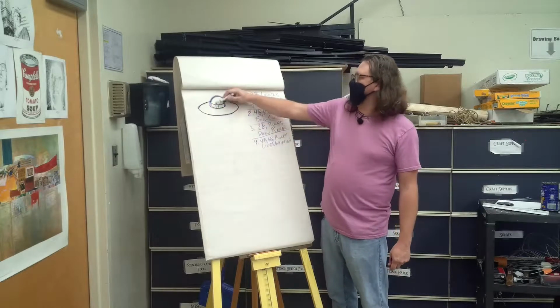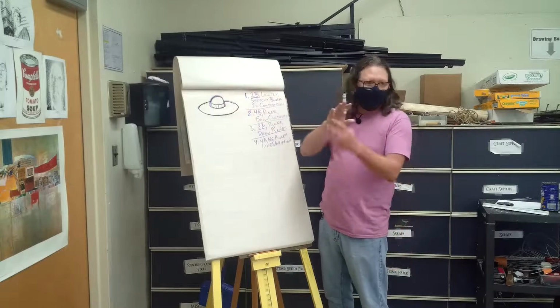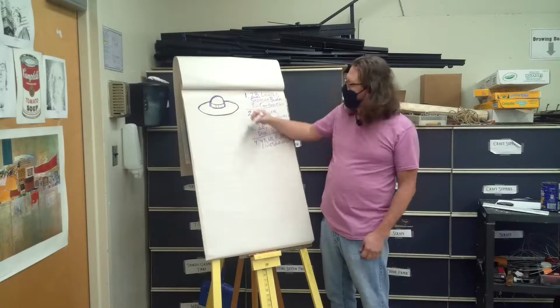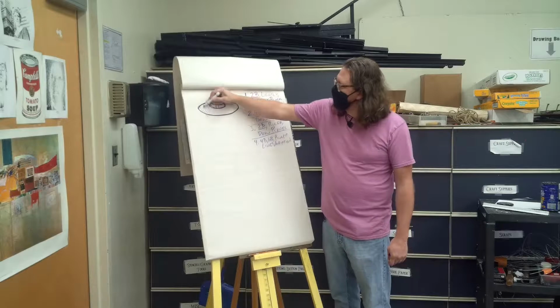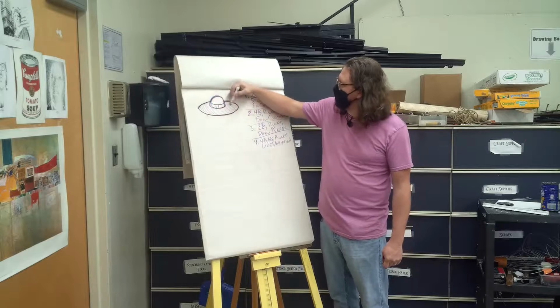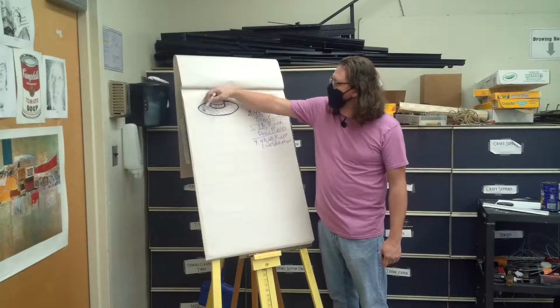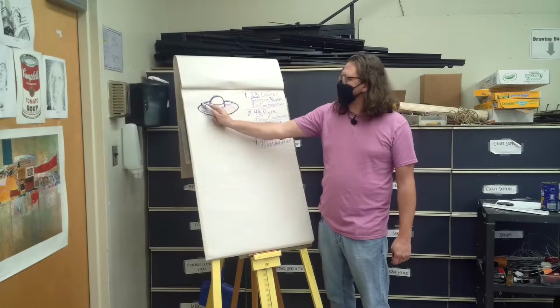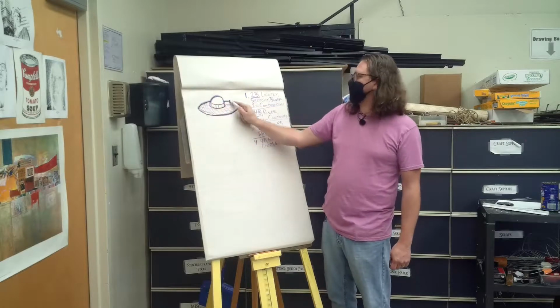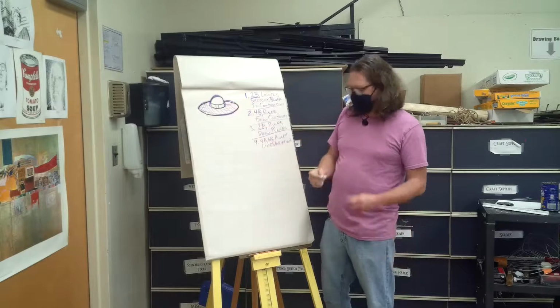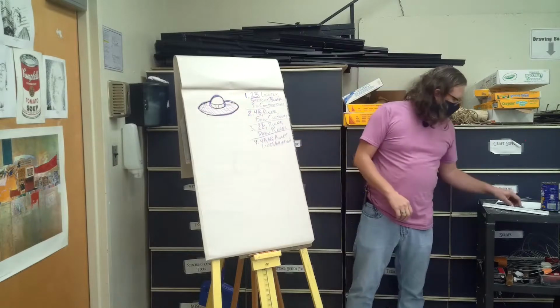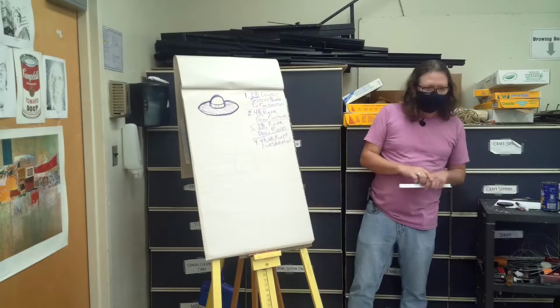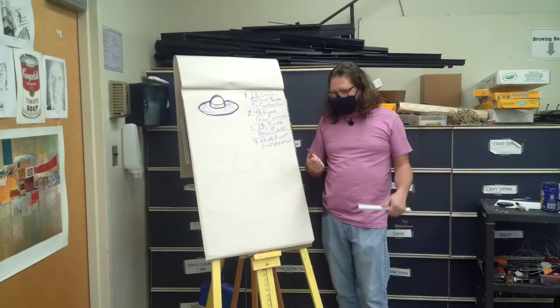I'm not worrying about, say, the hat band that goes around it. If this was, I don't know, a wicker hat, and it had all this detail from all of the wicker, that would not be contours. My contours are just these lines out here. Right? I'm going to go around those with my ruler and my pencil.